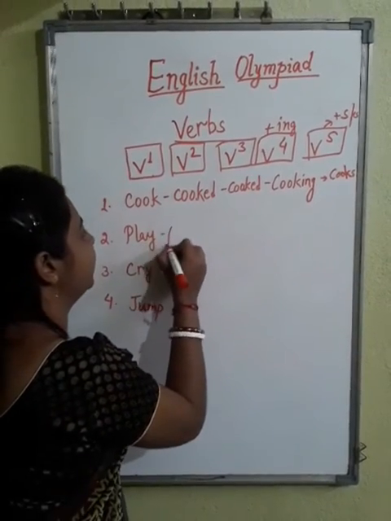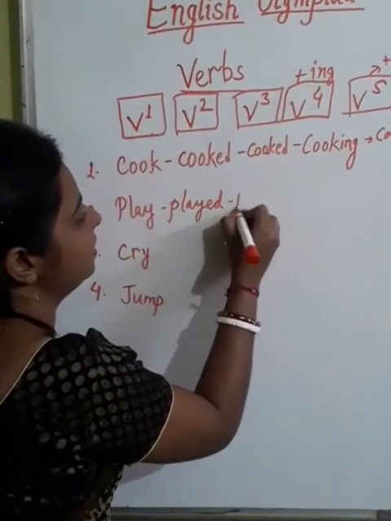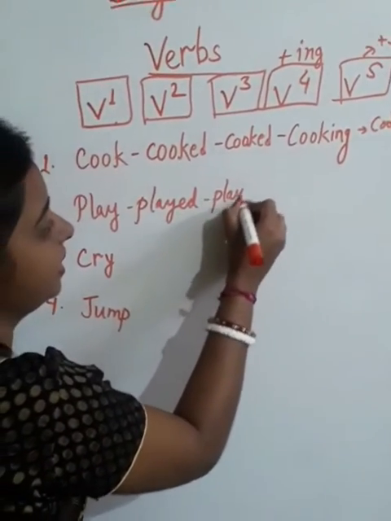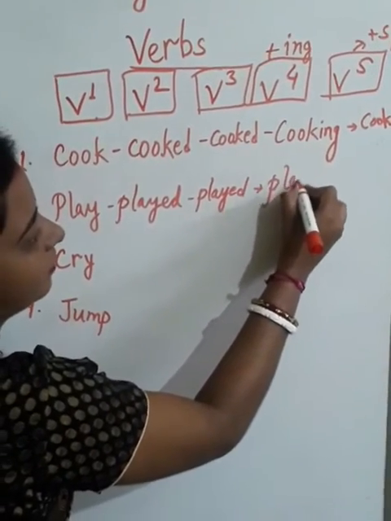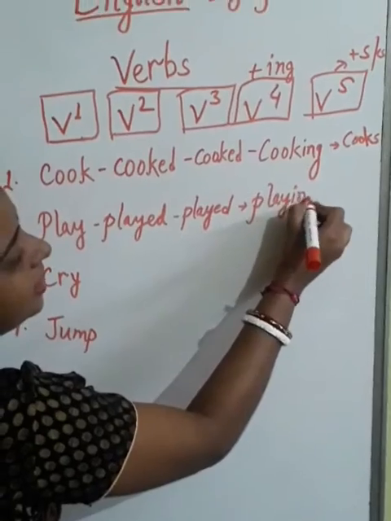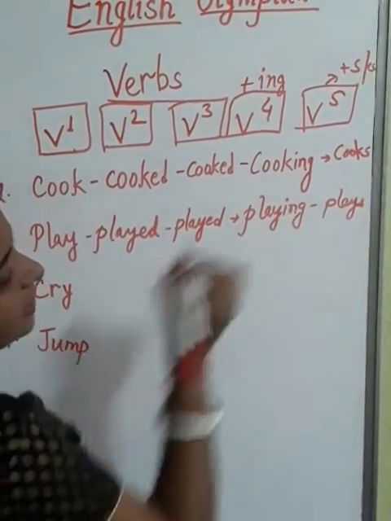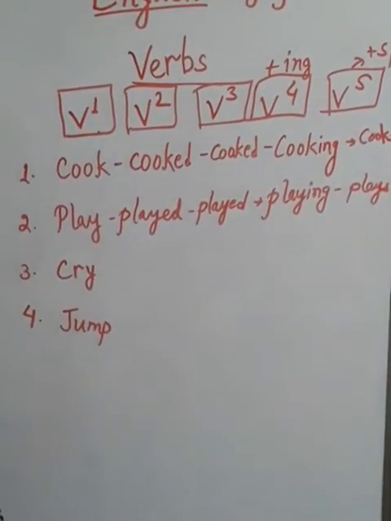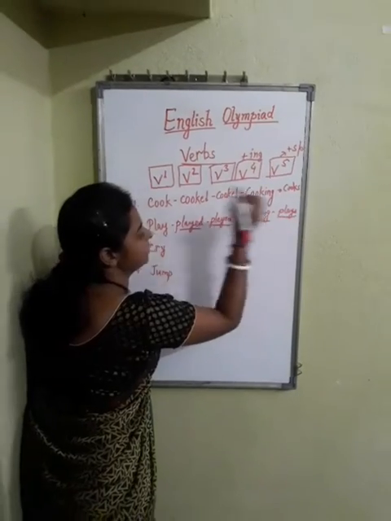Another one, play, played, played. This is also regular, that's why we are adding ed here, and V4 will be playing. V4 is the ing form. V5 will be plays. We have to add s with it. Okay. Played, played, playing, plays.